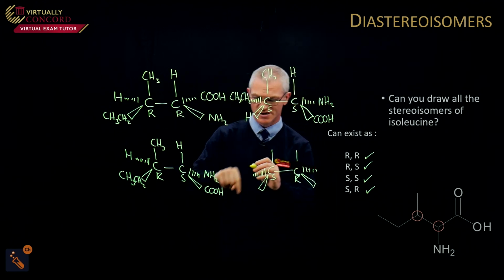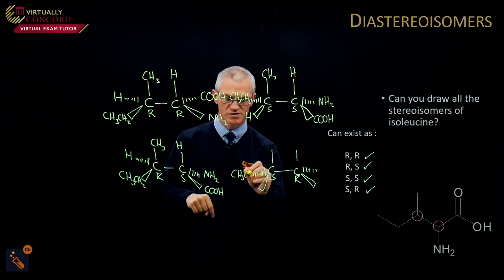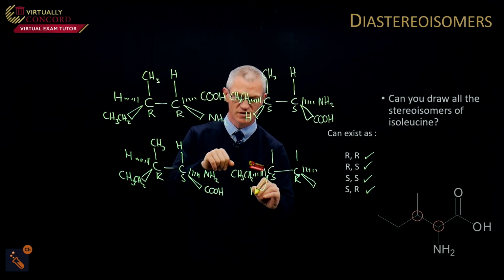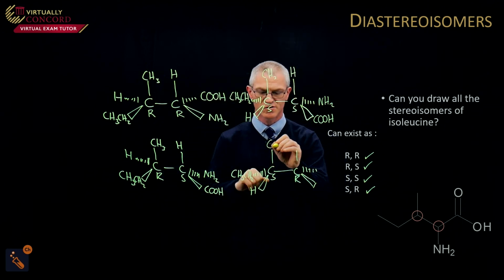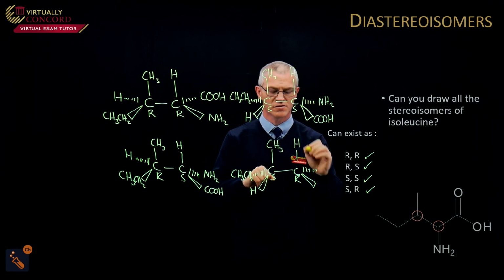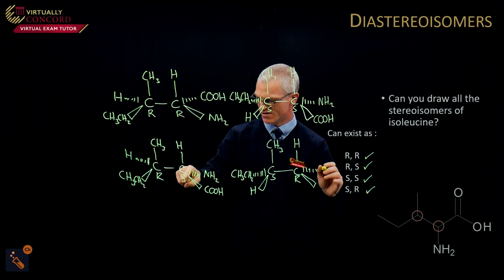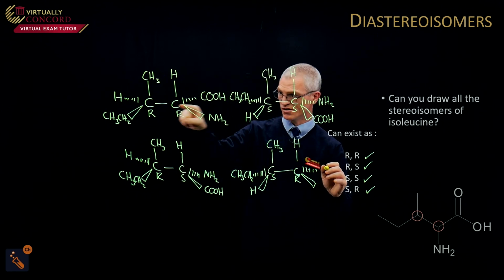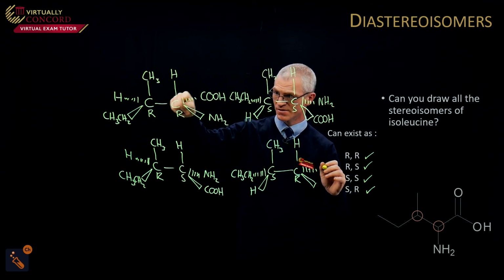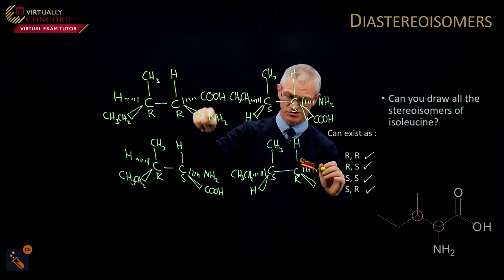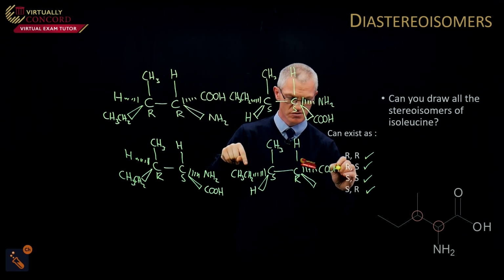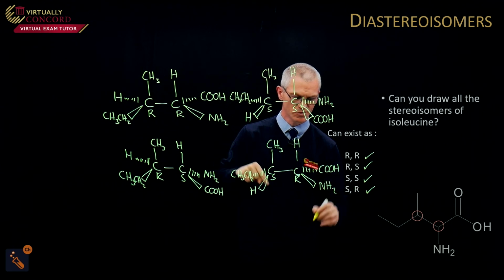My S is up here, that is a CH3, CH2, and an H. Copy the two top bits over again. And then I want an R, that's an S, I don't want that one, I want an R is up here. That means the CH2, COOH goes at the top, and the NH2 goes at the bottom.